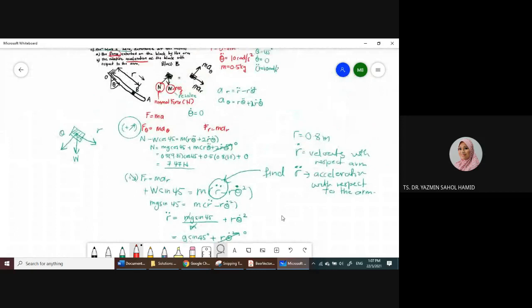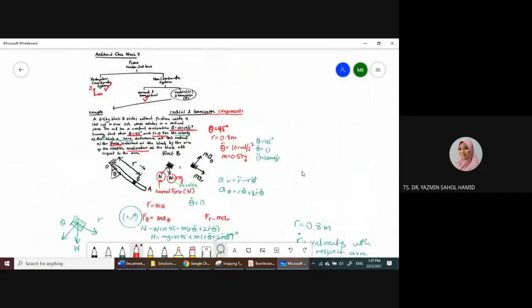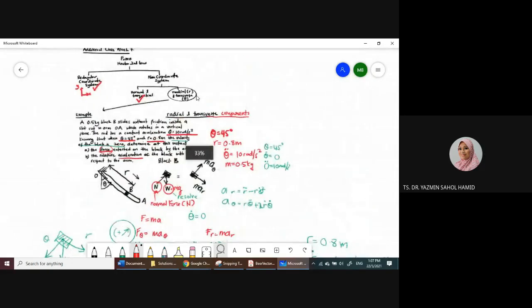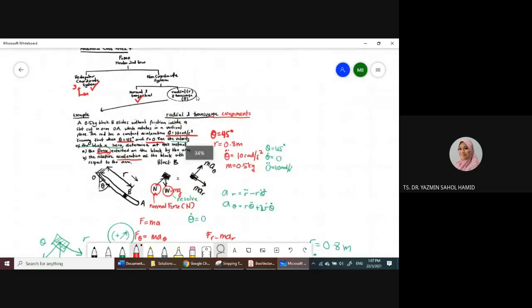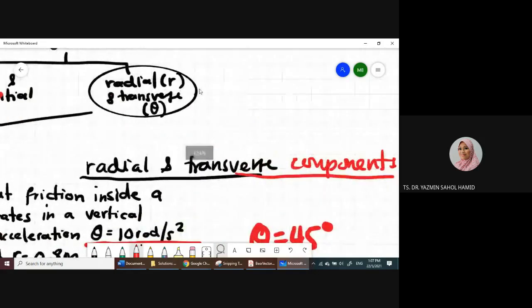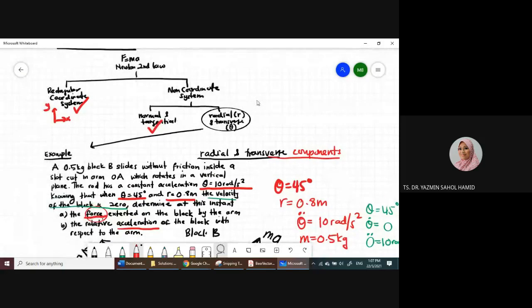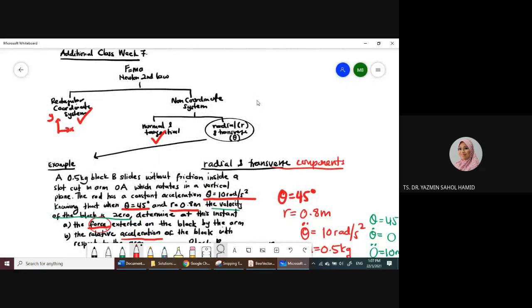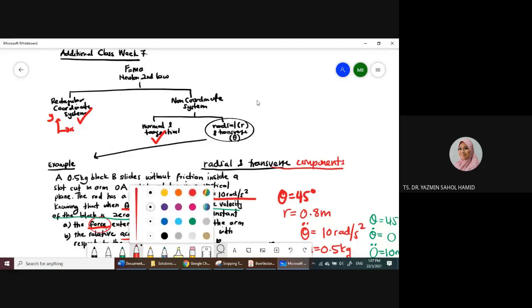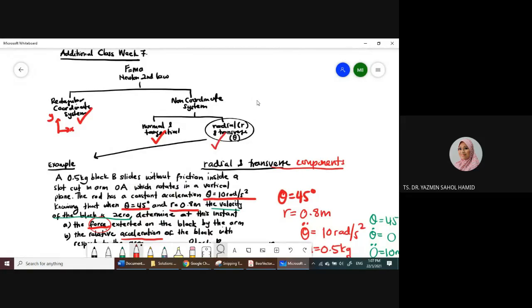When you go back here, you must bear in mind, we've done these three types of questions, but the diagram can be many different types.